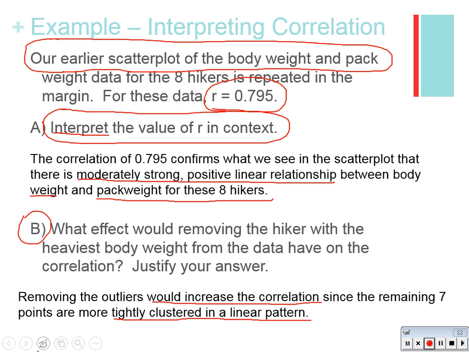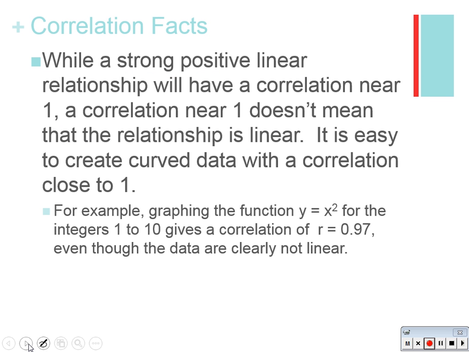Now, this is probably the most common mistake people make when talking about correlation. While a strong positive linear relationship has a correlation near 1, or near -1 if it's negative, a correlation near 1 doesn't mean that the relationship is linear.